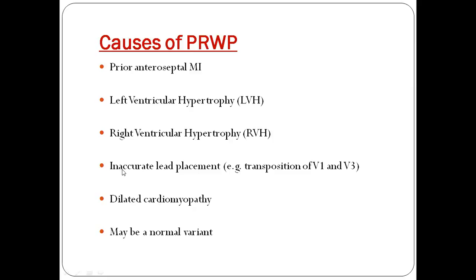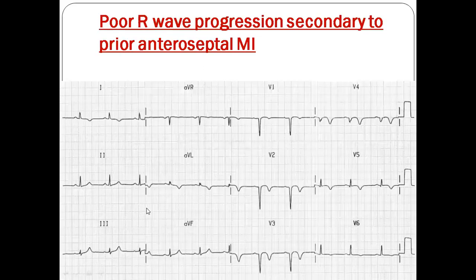There can also be inaccurate lead placement. For example, if you have asked a nurse to take an ECG, and she has mistakenly misplaced V1 with V3, so in place of V1 she has put V3, and in place of V3 she has put V1, then you may get poor R wave progression. Other causes are dilated cardiomyopathy, and it may also be a normal variant in many.